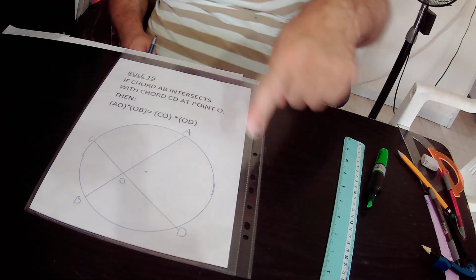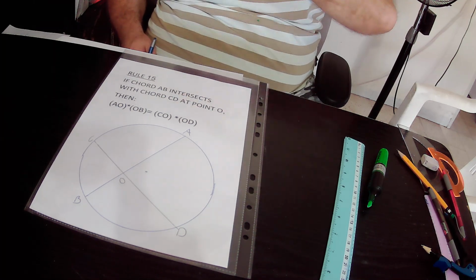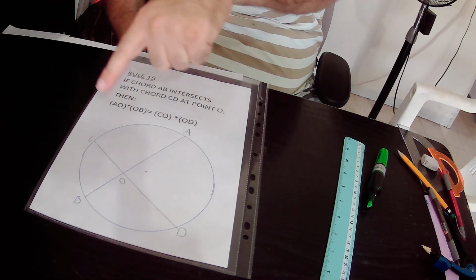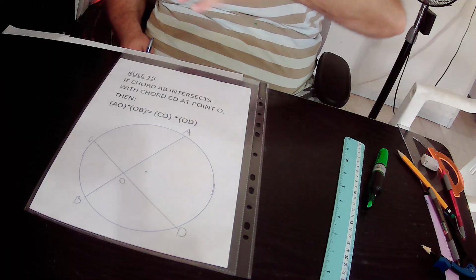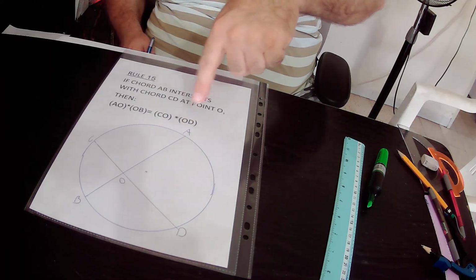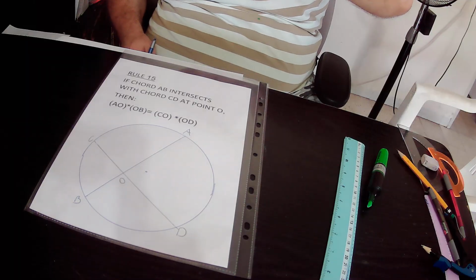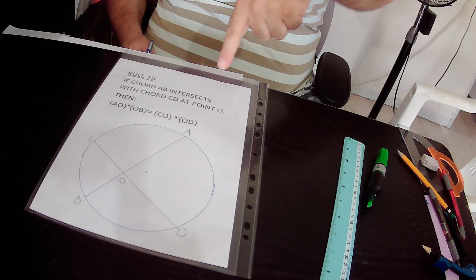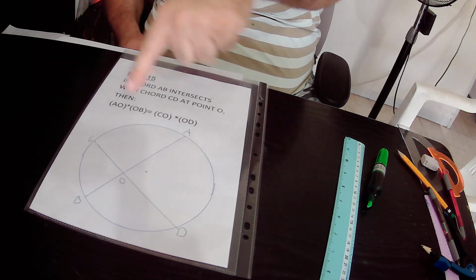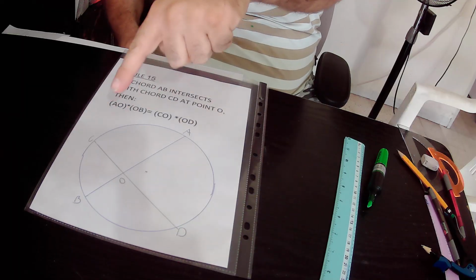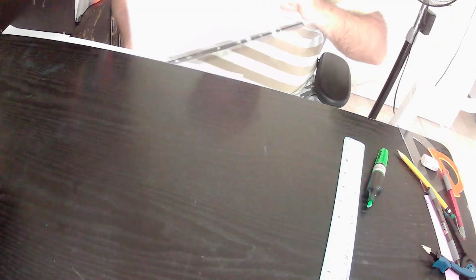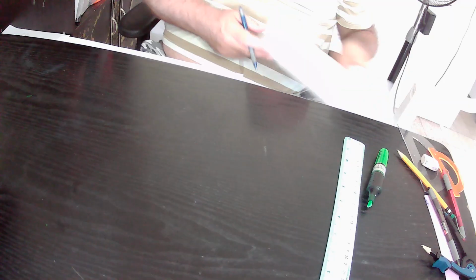So in the drawing we have a circle. In this circle we have chord AB that intersects with chord CD at point O, the intersection point. So in this drawing the following equation is true: AO times OB equals CO times OD. So we can actually implement rule 15 in our drawing.